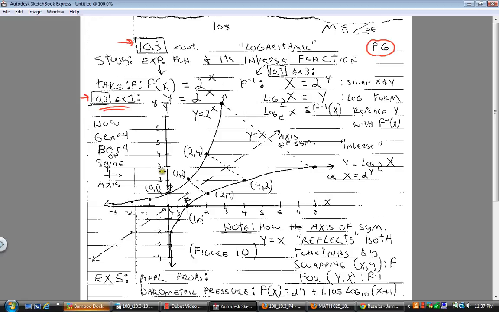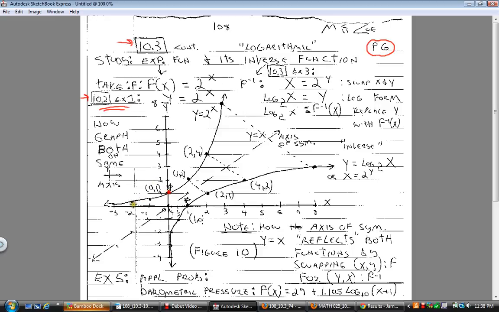Okay, so with that said, I'm not going to go through all the nitty-gritty details, but I want to graph f of x equals 2 to the x, and again you can reference 10.2 example 1. And what you're going to notice is you're always going to find that elbow point, so you'd start with that.